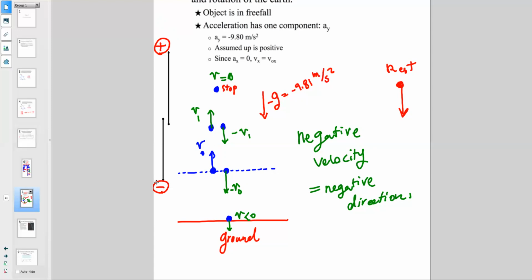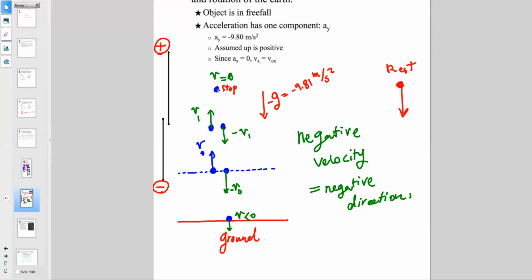If the free fall is happening, then the acceleration is always the gravitational acceleration because of the gravity, which is always negative 9.81. And we always assume the up is positive, the down is negative. Since g is always down towards the ground, towards the Earth's center, it's always negative.